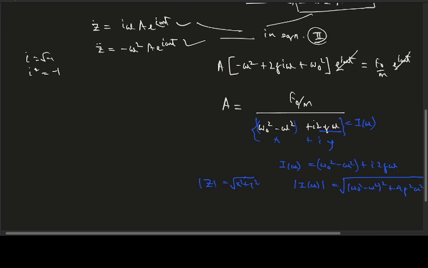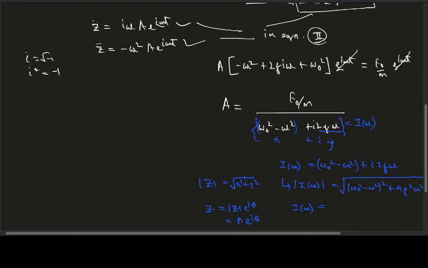So this becomes our mod of I of omega. And why did I find this mod of I of omega? Because we know any complex function, let's just write it with z here, can be written as mod of z e to the power i theta. You may have seen this form as r e to the power i theta, but r is nothing but mod of z.